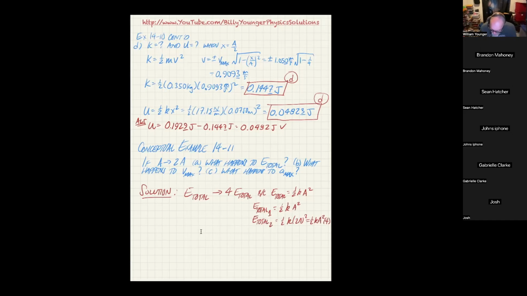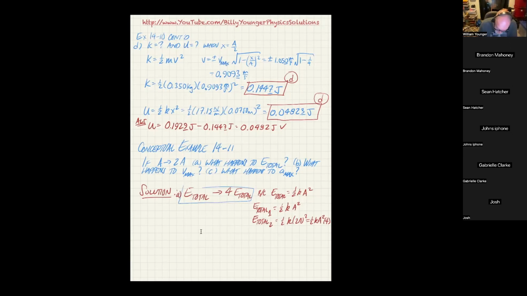So if you divided E total 2 by E total 1, you'd get 4. So that's what happens to the energy as far as part A is concerned. So anybody have any questions on that?